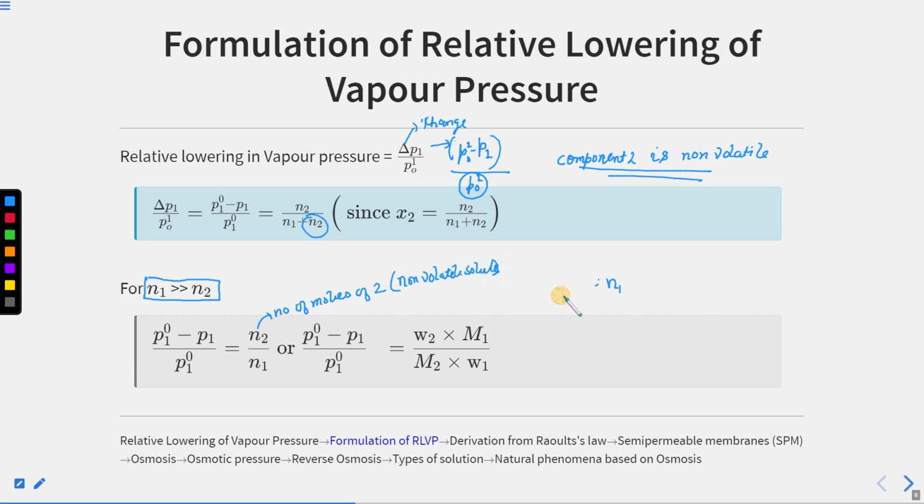And N1 is the number of moles of 1, which is the volatile solvent.